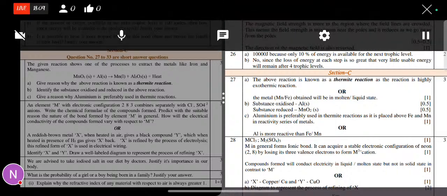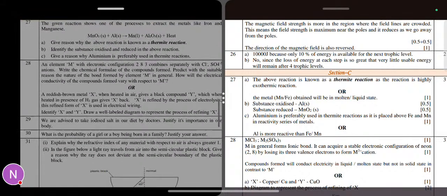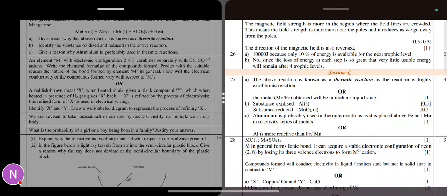Or question they have asked: a reddish brown metal X when heated in air gives a black compound Y, which when heated in presence of H2 gas gives X back. X is refined by the process of electrolysis. This refined form of X is used in electrical wiring.